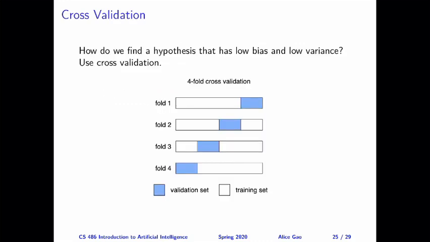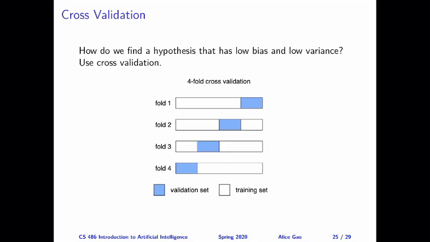How do we find a hypothesis that has both low bias and low variance? Well, one technique is to use cross-validation. The main idea of cross-validation is that typically we do not have access to the unseen data until our hypothesis is ready. Unseen data is also called test data. Because we don't have access to test data, what can we do?